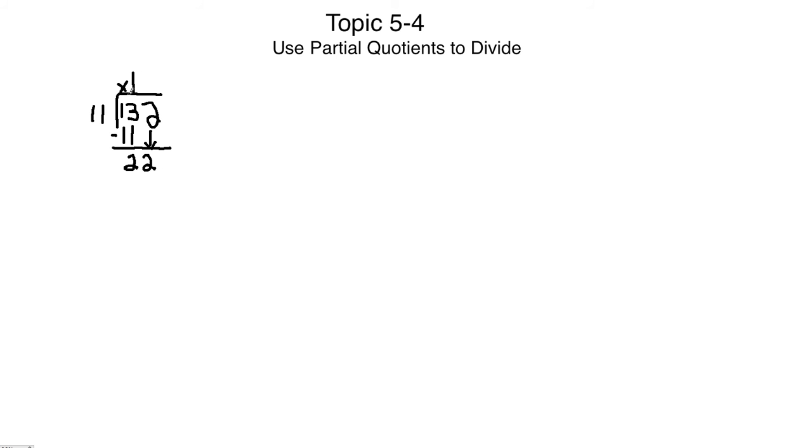Now, let's go back up to this 1. What place value is this 1 in? It's the tens. What's the value of that 1? 10. So that is your first partial quotient. Now, let's go back to this.